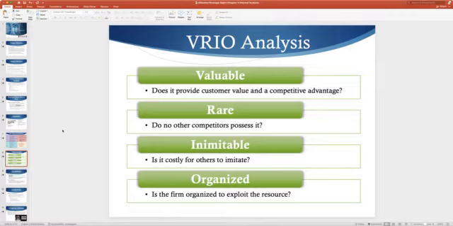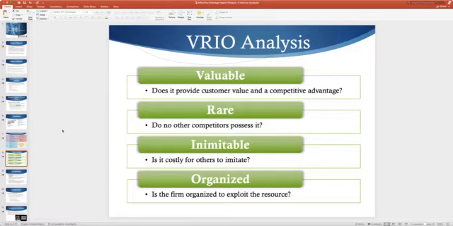Does the customer value what it is that you are able to provide to them using your resources and capabilities and capacities, competencies? Rare. Do any of your other competitors possess it? Is it something that they need and they don't have and you do?